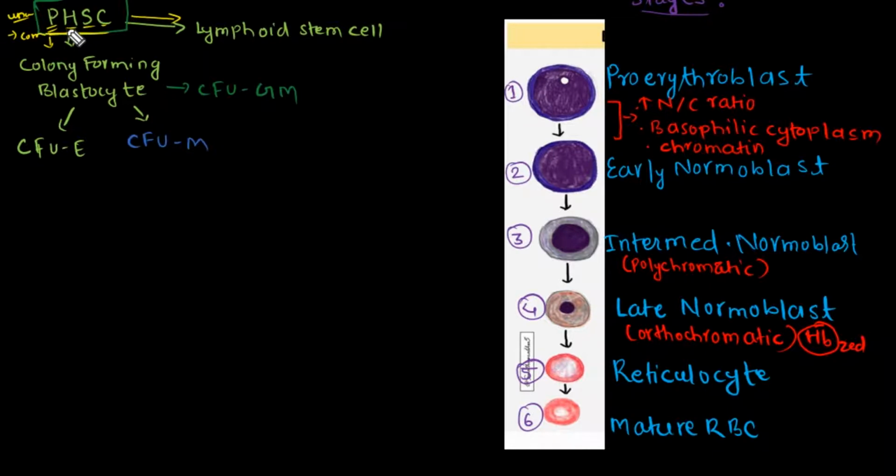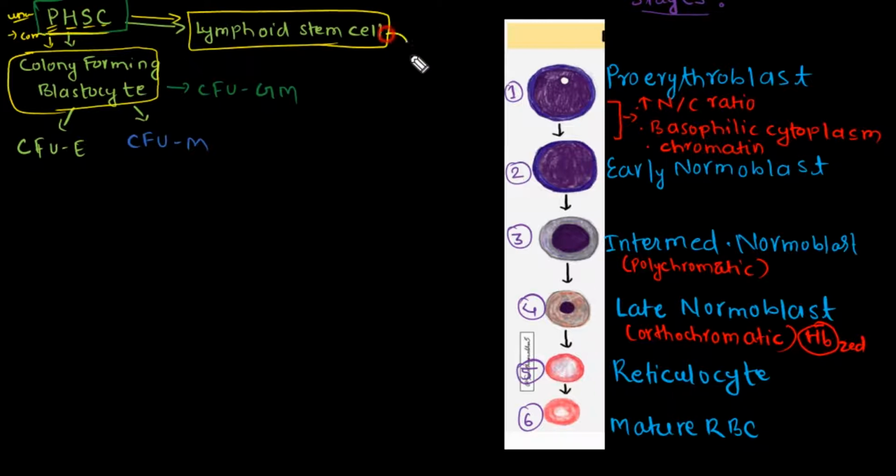Then the committed pluripotent hematopoietic stem cell gets converted into the colony forming blastocyte. These are the cell lineages. It also differentiates into the lymphoid stem cell, which gives the lymphocytes. The colony forming blastocyte further gives the colony forming unit for erythrocyte, and the colony forming unit of megakaryocyte, which later develops into platelets.